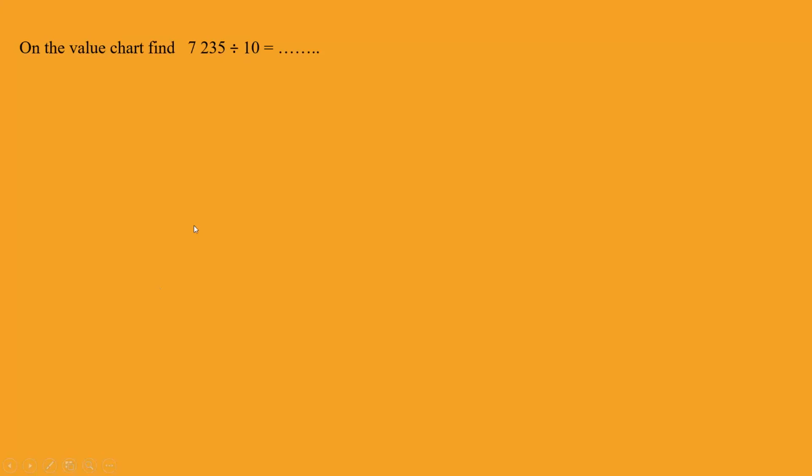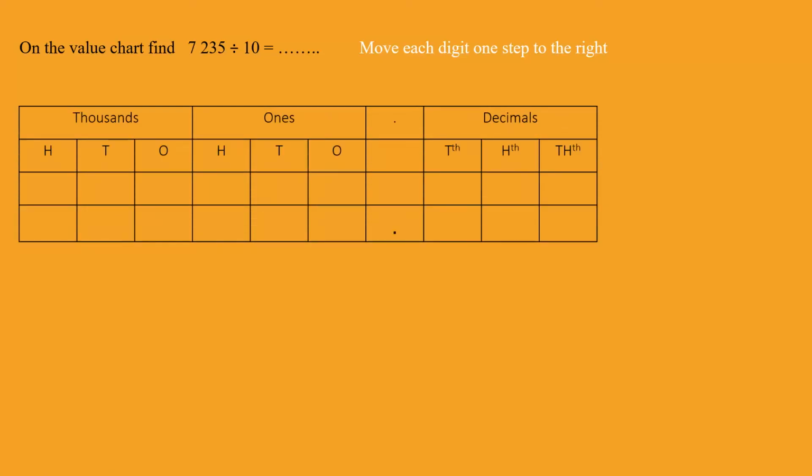Again, sorry. On the value chart, find 7,235 divided by 10. Move each digit one step to the right. Okay, we will draw the value chart. Then write the number 7, 2, 3, 5.